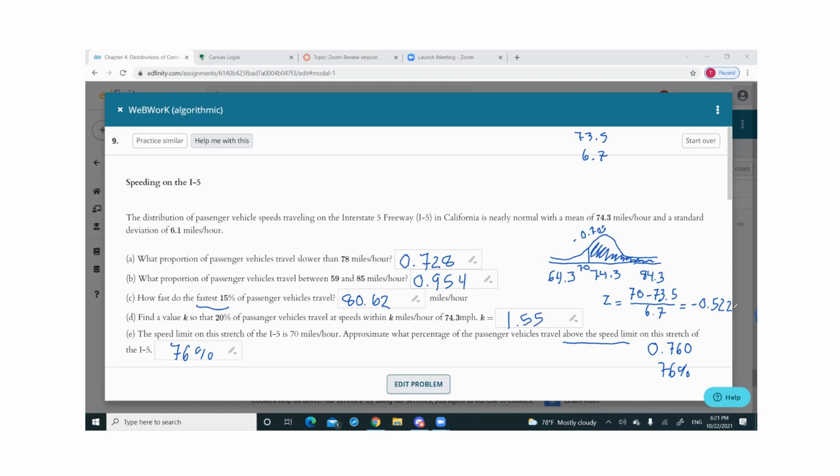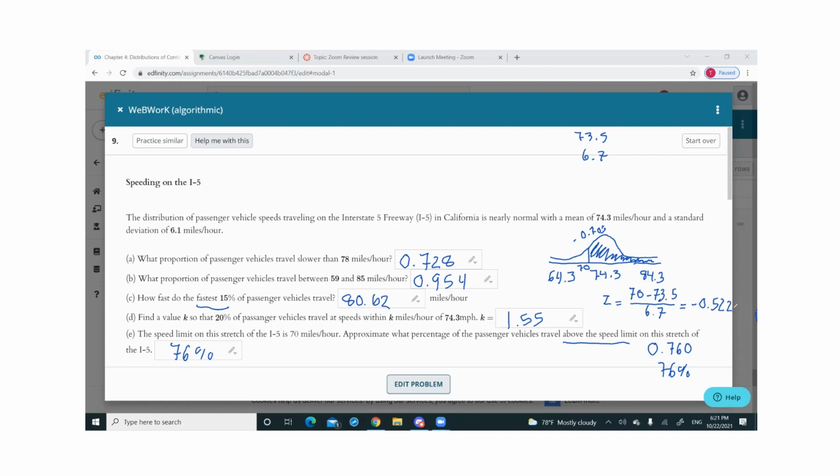Wait, so just regularly in your calculator, you did 70 minus 73.5 and then divided that by 6.7, and you get 0.59? Did you put that in CDF or something? Because it's supposed to be a negative number. No, I just do it regularly. Did I have to do it in CDF or no?